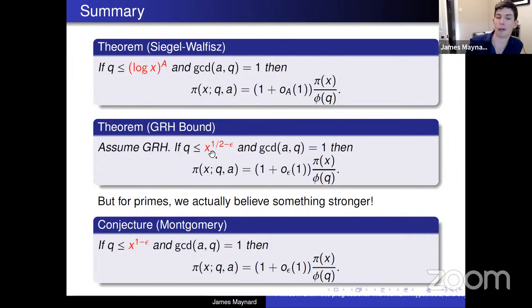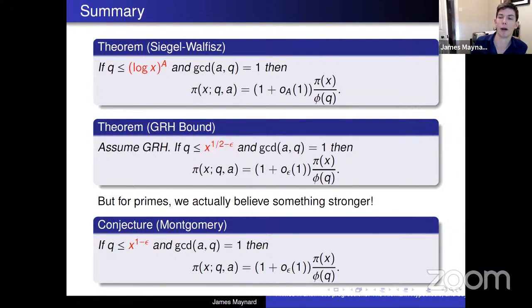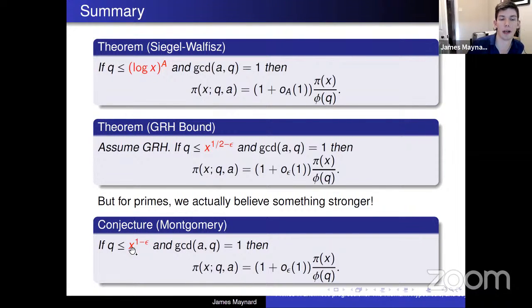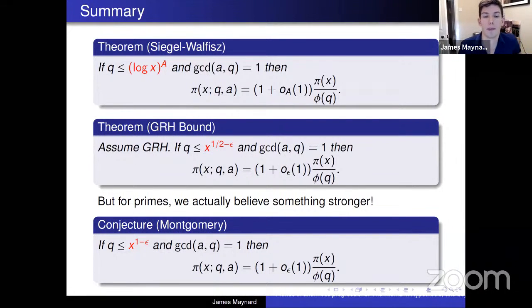But we believe the actual truth for this equidistribution problem should be much, much further on. And Montgomery's conjecture says you should be able to take q almost as large as x. And so this is what we know assuming famous plausible conjectures, and then what we actually believe to be the truth, even though we have no idea of how to prove Montgomery's conjecture, even under assumption of fairly well-known or standard conjectures like the Riemann hypothesis. So Montgomery's conjecture goes a long way beyond the Riemann hypothesis.